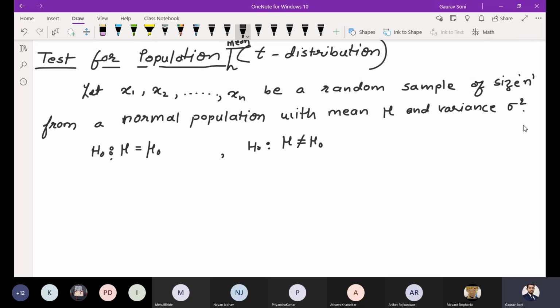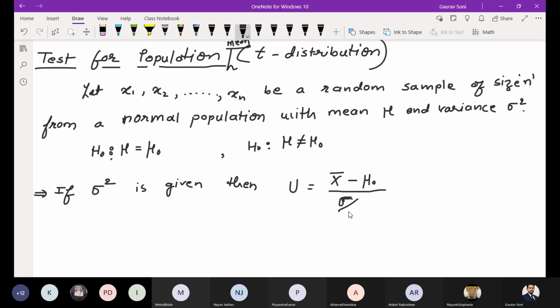If sigma square is given, then u is equal to x bar minus mu naught divided by sigma upon under root n, small n.